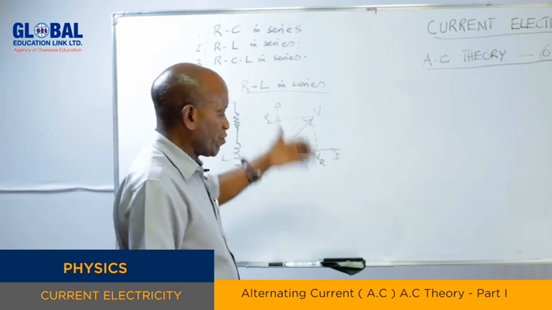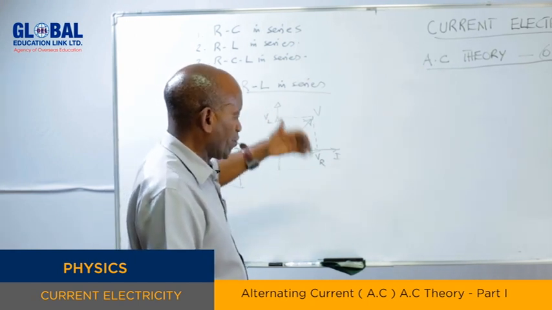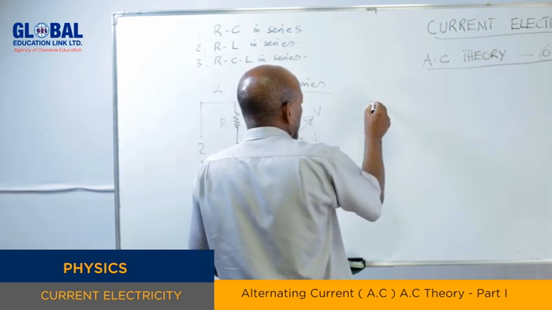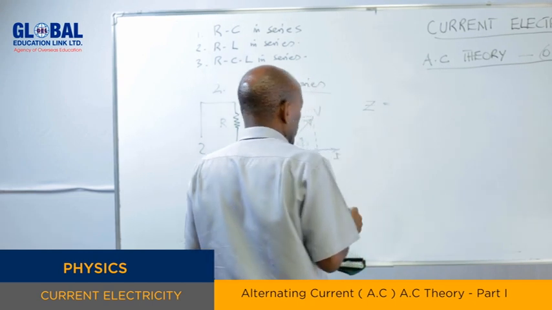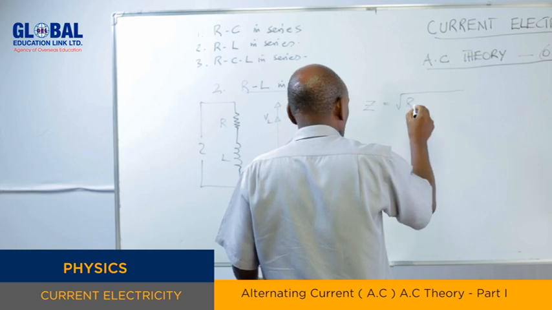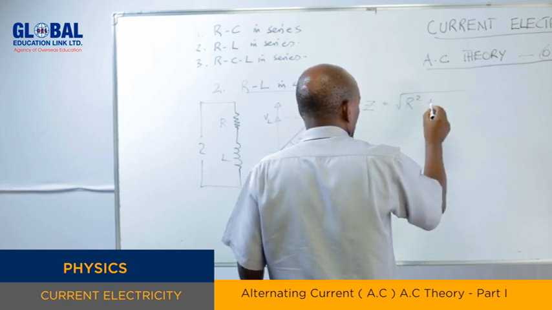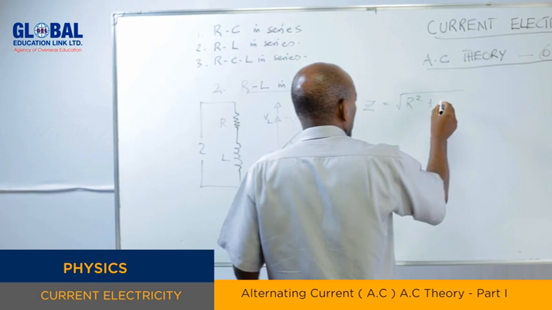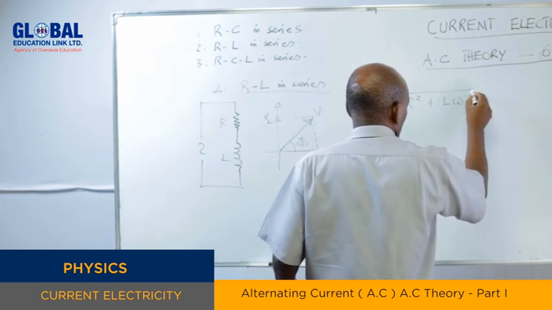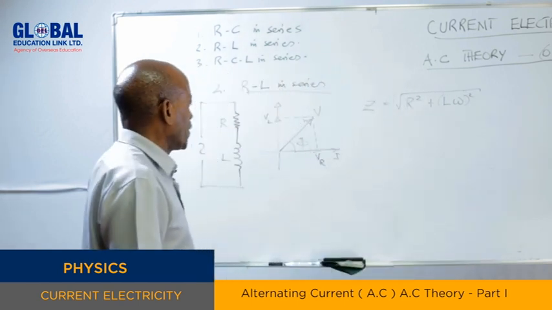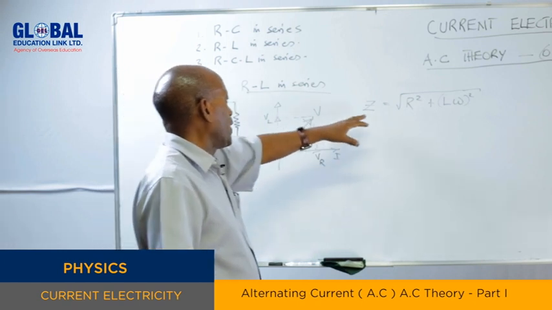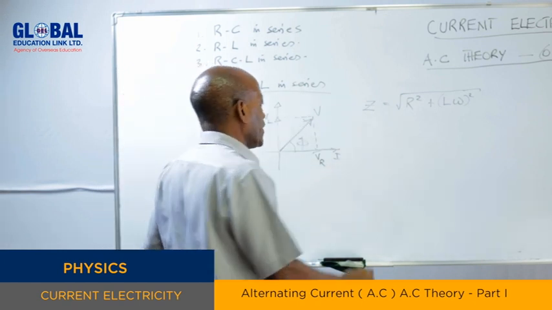So if you go through the same derivation as we did for the first case, you will eventually get the total impedance, which will be equal to the square root of R squared plus L omega squared. This is the total impedance whenever a resistor and an inductor are connected in series.